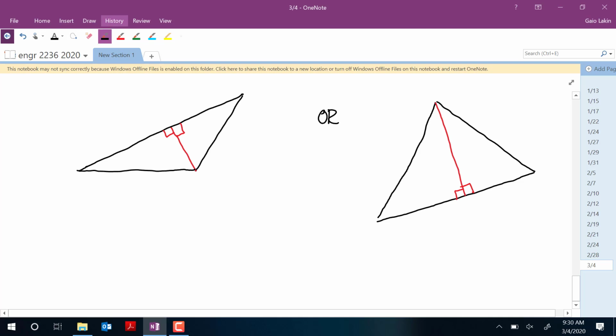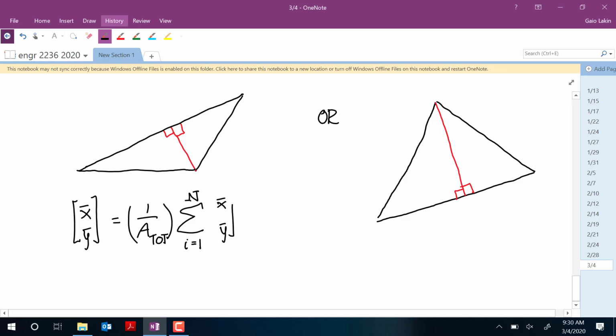You'd use the sum formula. You'd use this: x bar, y bar is equal to 1 over A total times the sum of the centroid of the individual piece times the area of the individual piece.